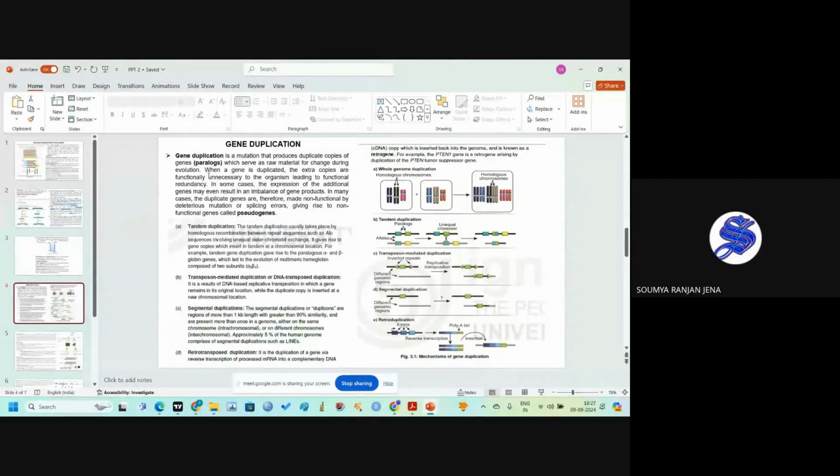Then when a gene is duplicated, the extra copies are functionally unnecessary to the organism, leading to functional redundancy. In some cases, hyper expression or excessive expression may cause different types of disease like neurodegenerative diseases and cancer.